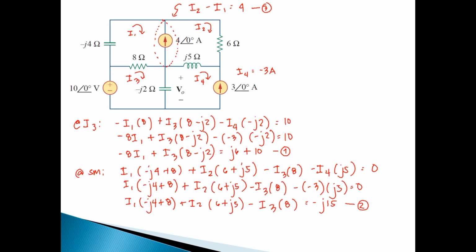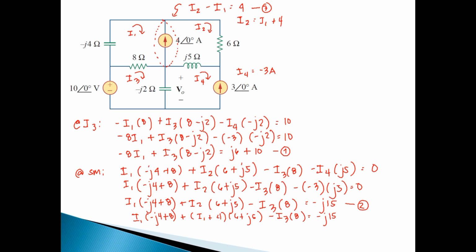So we can use I2 equal to I1 plus 4 and substitute this into the second equation, so that we will have I1 and I3. So I1 times negative j4 plus 8 plus I1 plus 4 times 6 plus j5, minus I3 times 8 equal to negative j15.